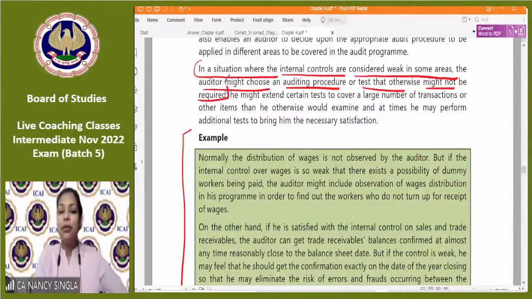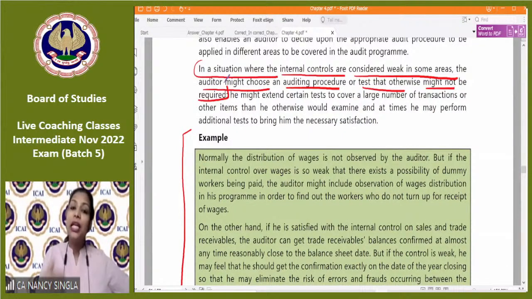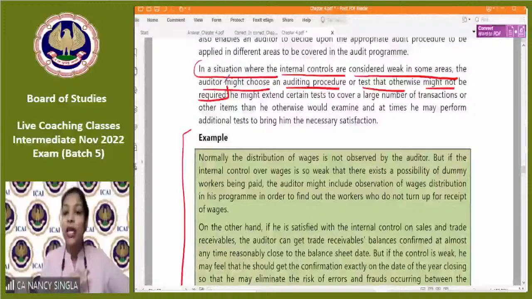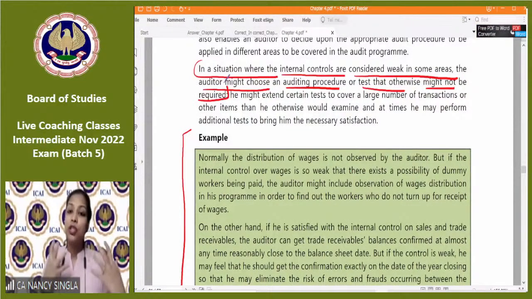Let's say the internal control with respect to purchases is weak. It is not that the auditor will not rely on any internal control. If the internal control with respect to other areas is effective, he can rely on them. And if the internal control with respect to purchases is weak, he may go for extensive checking of purchases. He will not rely on internal control with respect to that.